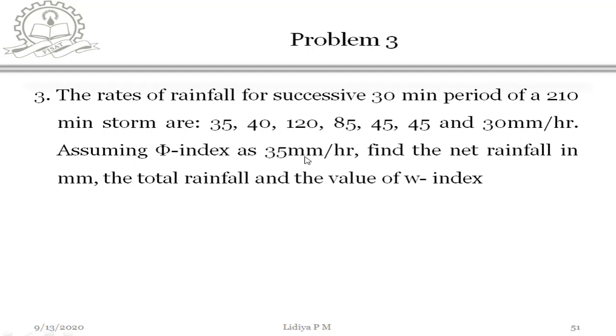Okay, total runoff depth, that is if we are taking the rainfall data minus the phi index, we get the runoff intensity, that is 35 minus 35, it is 0, and 40 minus 35, 120 minus 35, 85 minus 35, 45 minus 35, 45 minus 35, then 30, that is less than the phi index, so you can take that value as 0. Don't take it as minus 5.